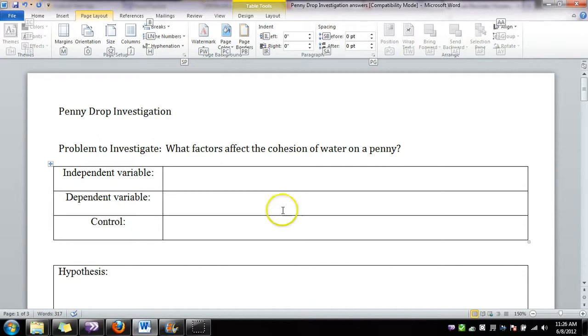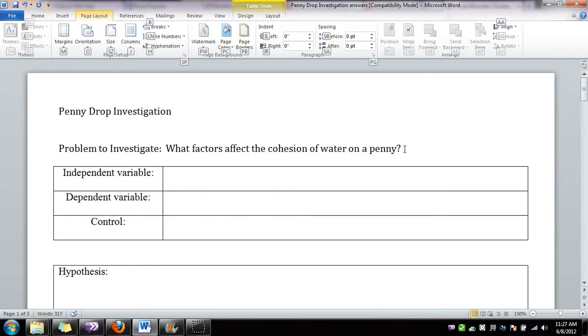Let's start with the independent and dependent variables and the control. Again, our problem to investigate is what factors affect the cohesion of water on a penny. In order to understand that, you need to know what cohesion is. Cohesion is sometimes known as surface tension. Surface tension is what allows water molecules to stick to each other.